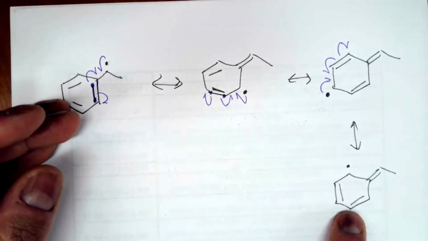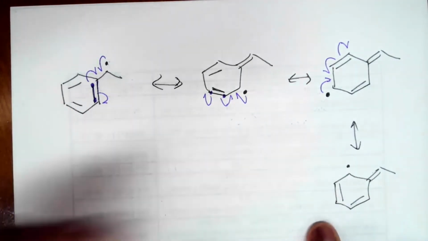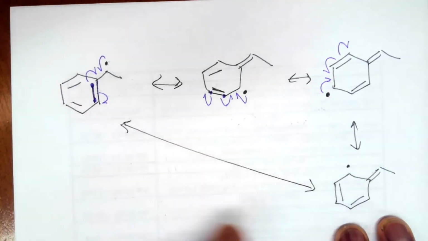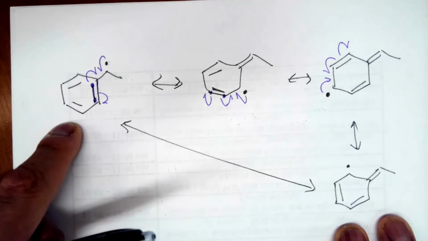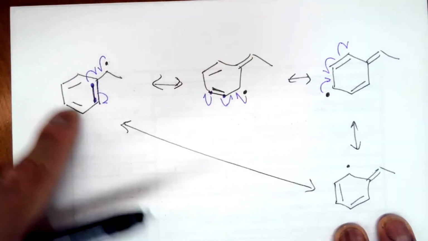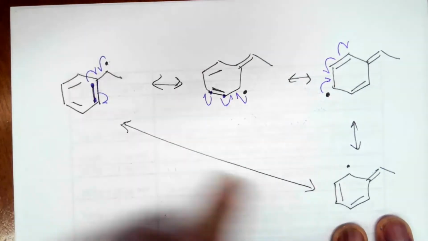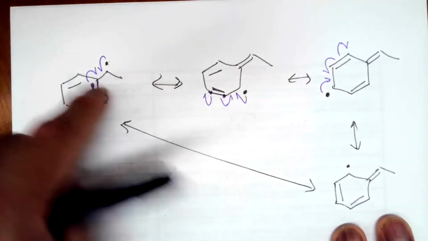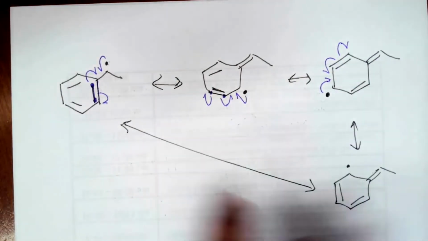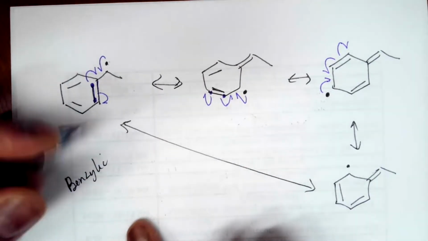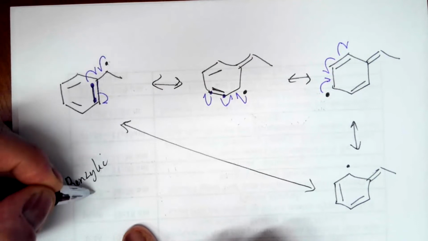If I do one more, I will end up going back to the starting material, my original structure, because it's a ring. In a ring, you always have to go back to the starting point. So these will be the 4 resonance structures for this radical. This one is called a benzylic radical. Very famous, very popular.